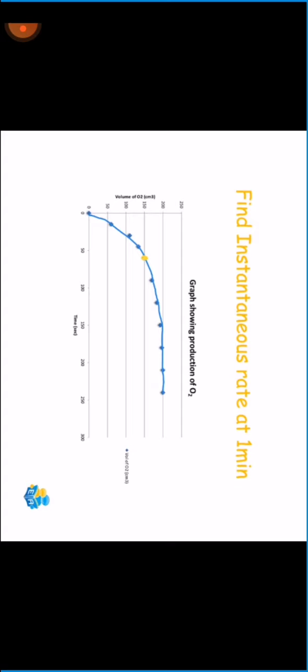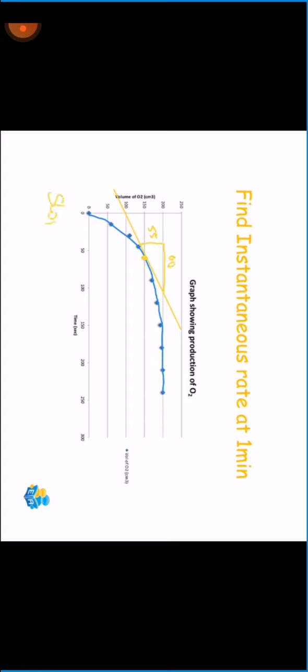So what I must do is draw a tangent at our point 60 seconds, and as you can see I have that done here now. If we follow our steps, once you draw the tangent you need to find the slope of the graph, and to find the slope of the graph we do the rise over the run. I can clearly see from my graph that my rise is approximately 55 and that my run is approximately going from 50 to about 110, so it's probably just around 60.